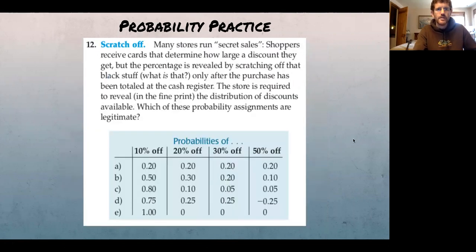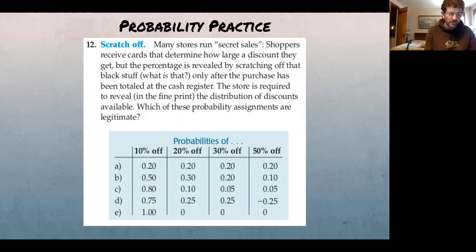All right. So this is something that we didn't talk about yesterday, but it's a pretty straightforward idea. If you are looking at the distribution of probabilities in your sample space, there are a couple of rules that have to be followed. First of all, the probabilities have to add up to 1. We did talk about that yesterday, but we didn't look at any examples. So here we go.